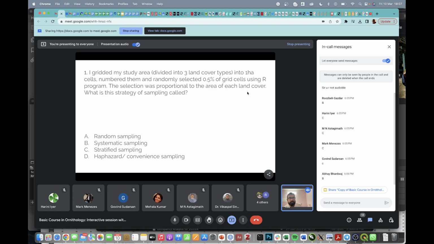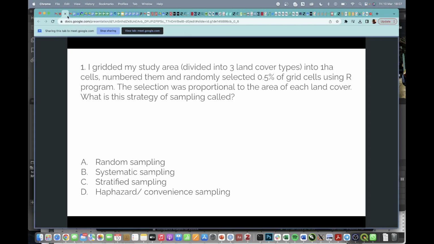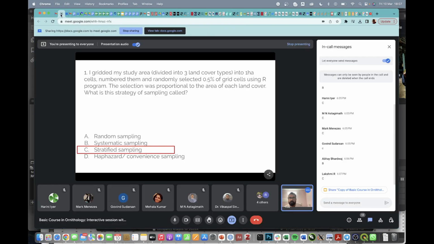All right, I'll just go ahead with the answers. So it is C, stratified sampling.